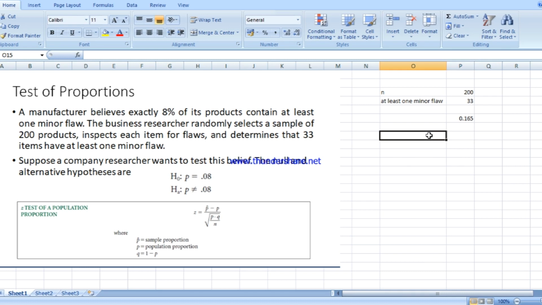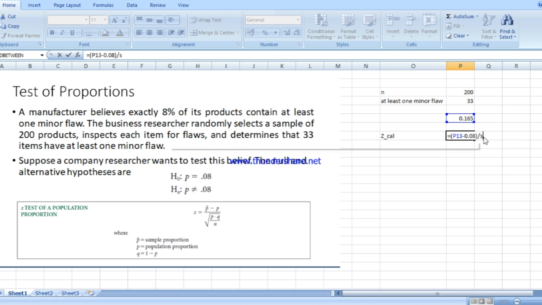Now we'll calculate the z-score, that is z calculated, and as per the formula, z calculated will be p hat minus p, which is 0.08 in our case, divided by the square root of pq by n, that is 0.08 into 1 minus 0.08, divided by n.